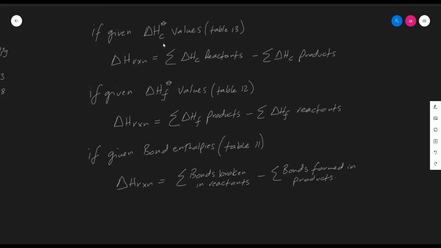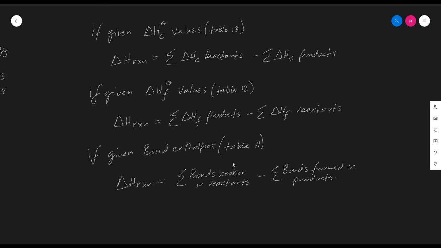If we were given enthalpy changes of combustion values, which are listed in table 13 of the data booklet, the enthalpy change of reaction is calculated as the sum of the enthalpy change of combustion of reactants subtracted from the sum of the enthalpy change of combustion of products. While if you're asked to calculate the enthalpy change of reaction when given enthalpy change of formation values, which are listed in table 12 of the data booklet, the enthalpy change of reaction would equal the sum of the enthalpy change of formation of the products subtracted from the sum of the enthalpy change of formation of reactants.